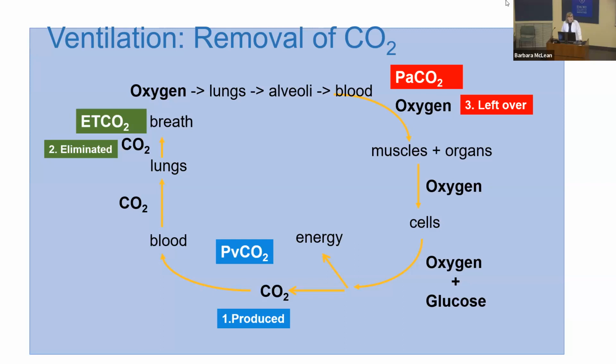What do I have? Dead space or shunt? Okay, let me say it this way. What do I have? High VQ, dead space. Low VQ, shunt. Okay. Is the problem with recruiting the alveoli?